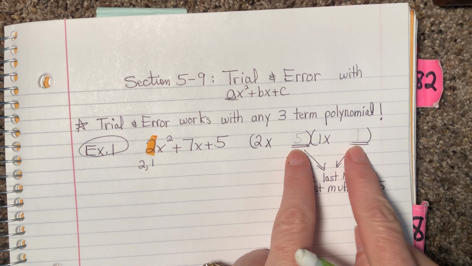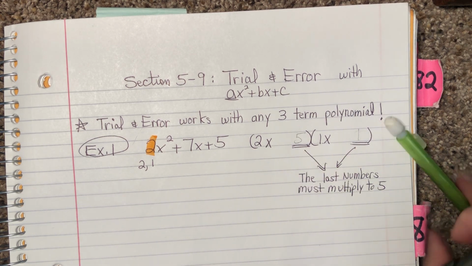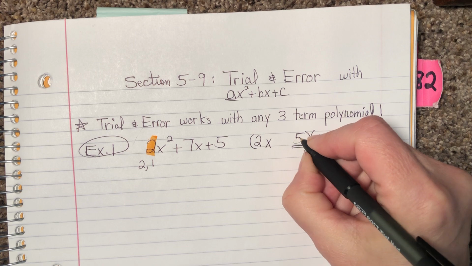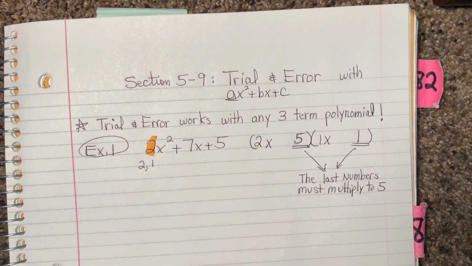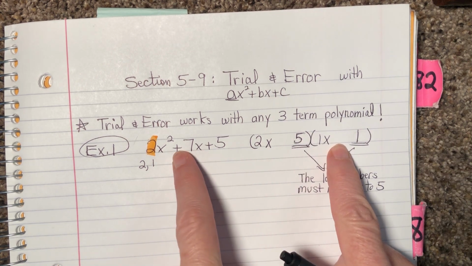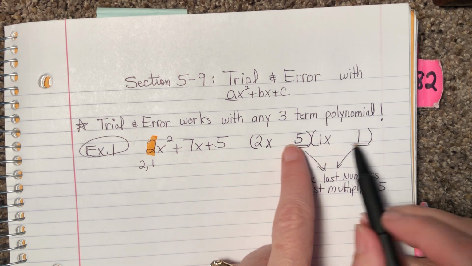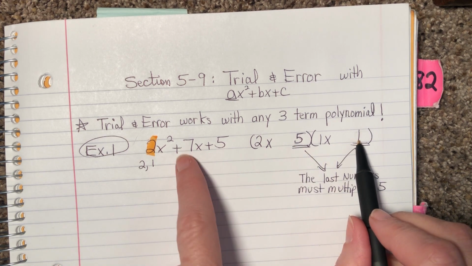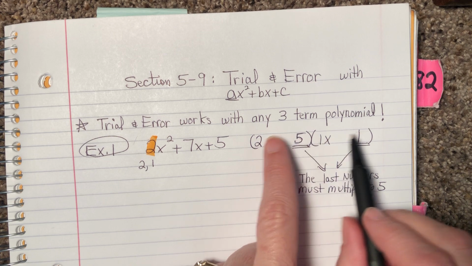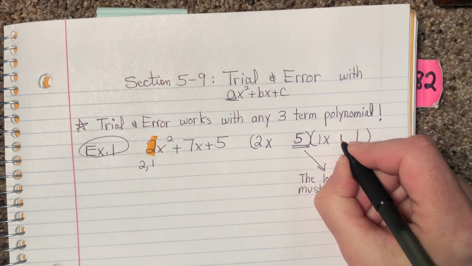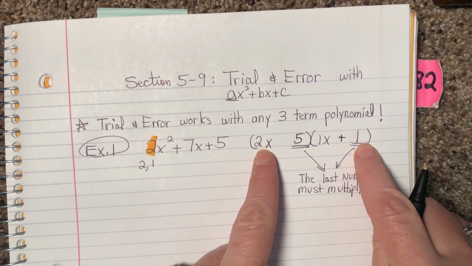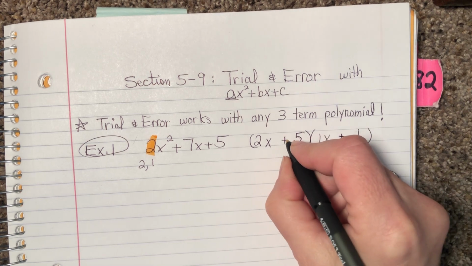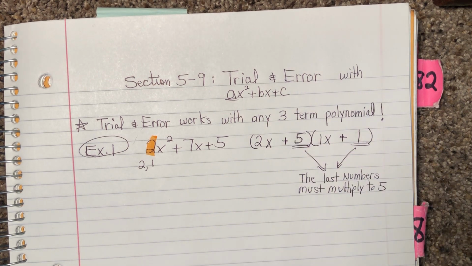Now that I know my numbers are in the right place, I'm going to cement them in here with pen. Then you can figure out the signs that make what you need. I have to multiply to a positive 5, and I have to add to a positive 7. So 5 plus 2, this will make a positive 2, and this will make the positive 5. So I need a positive and a positive.